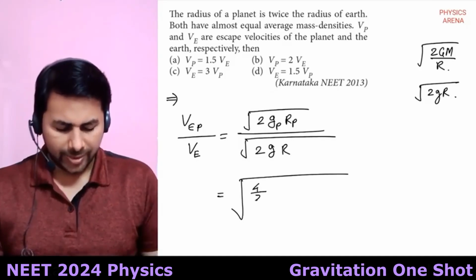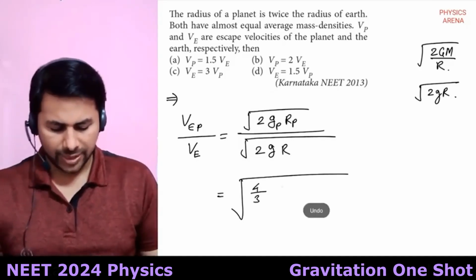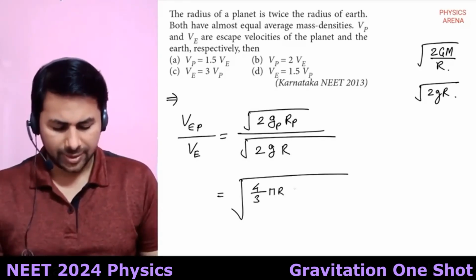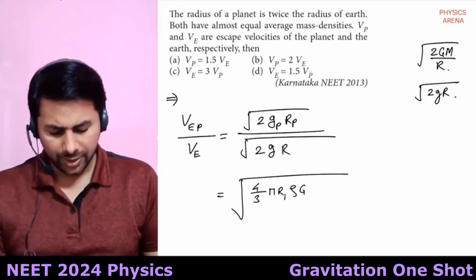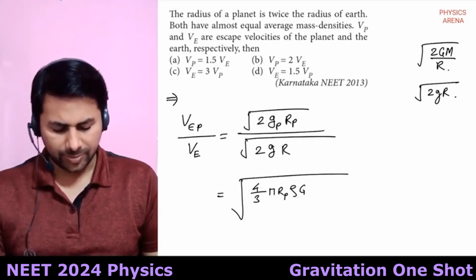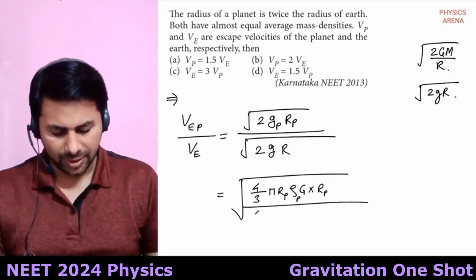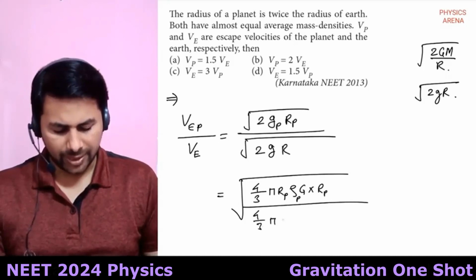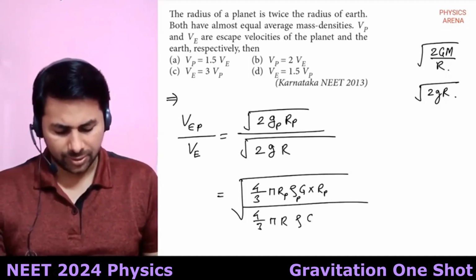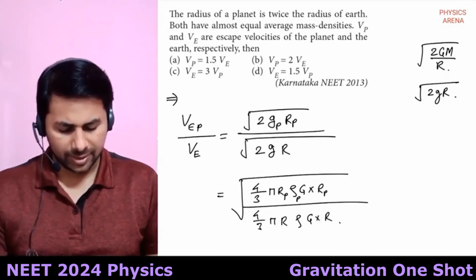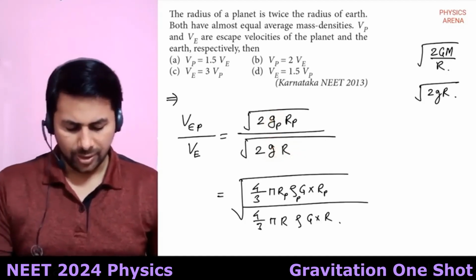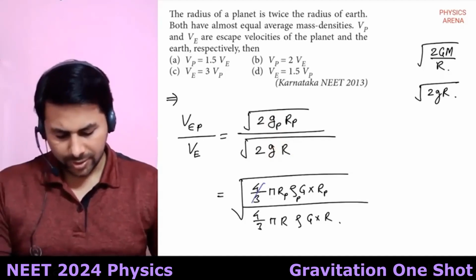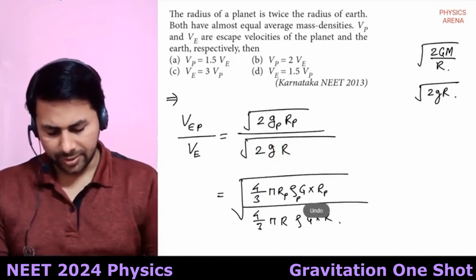Let me keep 4 by 3, the 2 will get cancelled. Pi R rho G, so this is for the planet, rho for the planet, G is same, and this is R for the planet. And in the denominator you have 4 by 3 pi R rho G multiplied by this R. I have just substituted for M. So now see, a lot of things get cancelled out.